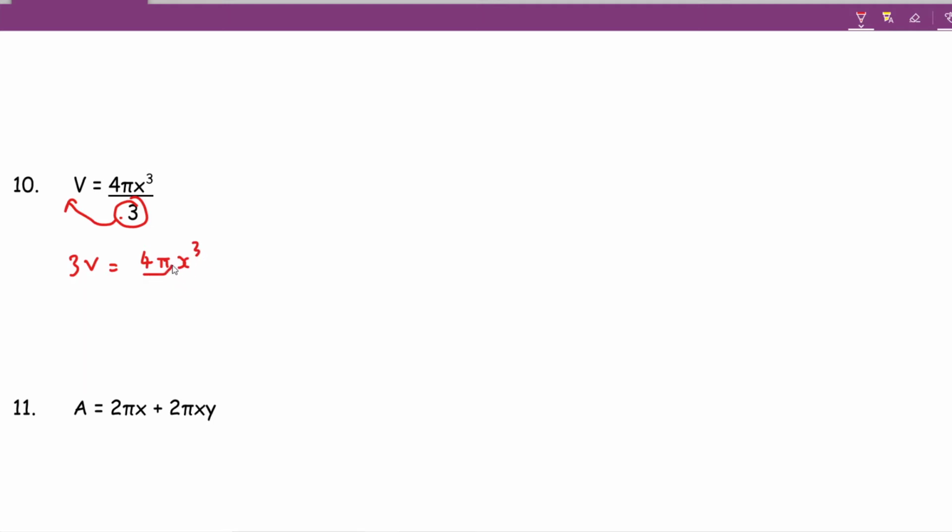Now you could take the 4 pi to the other side by dividing by 4 pi. So you'll end up getting 3v over 4 pi equals x cubed. So we've got x cubed is equal to 3v over 4 pi.